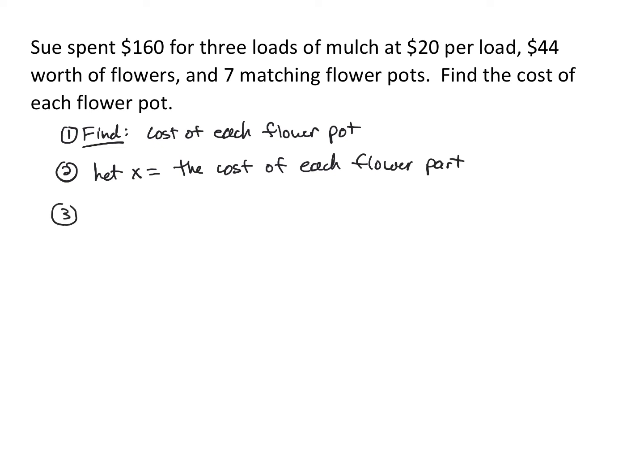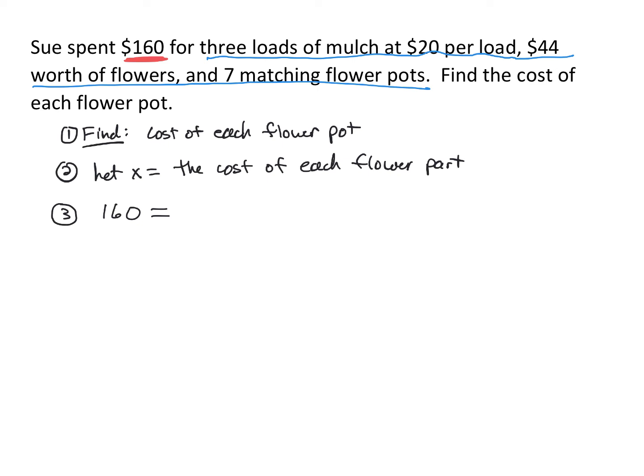All right, so it looks like the total spent was $160. And where did that come from? It came from 3 loads of mulch at $20 per load, $44 worth of flowers, and 7 matching flower pots. So I should be able to take 160 equals, and let's calculate all of the things that we have in blue there.